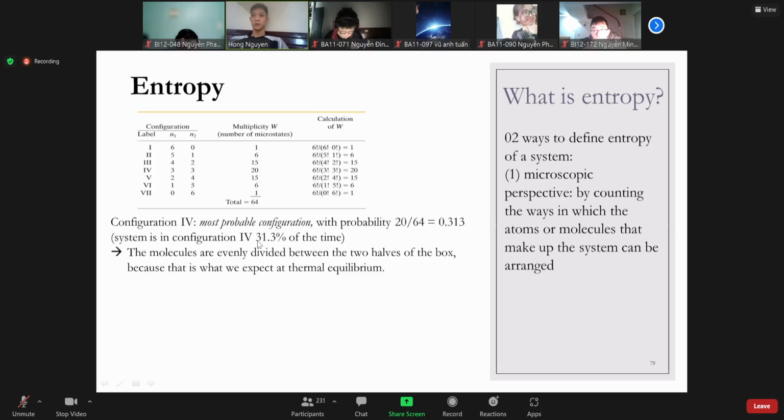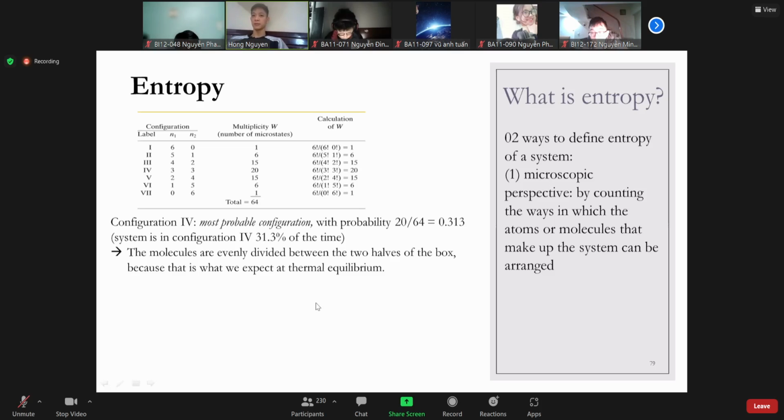Like I said, this configuration corresponds to the situation that the molecules are evenly divided between the two halves of the box. And this is also the thermal equilibrium that we expect.